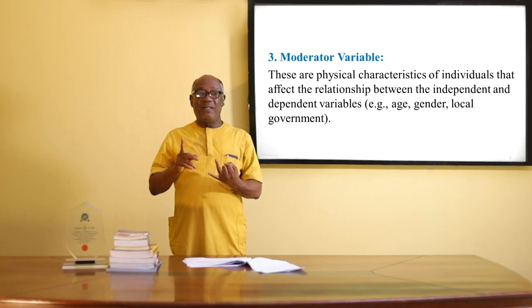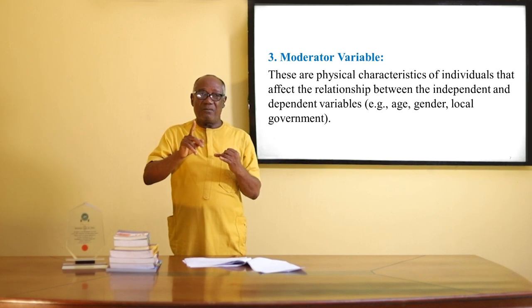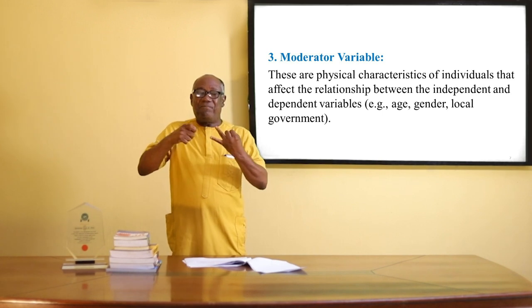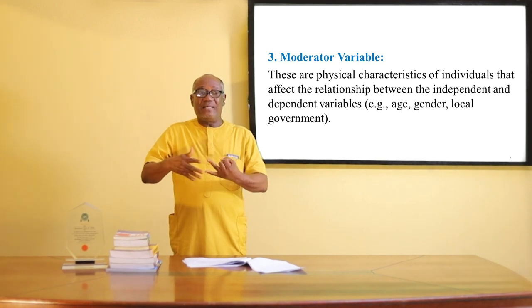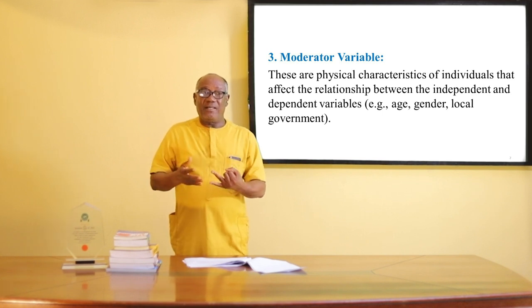Now you will agree with me that when you teach students, the outcome is not only based on the method of teaching. Some other factors can affect students' performance beyond the method of teaching. For example, students' interest. The other could be the age of the learner.